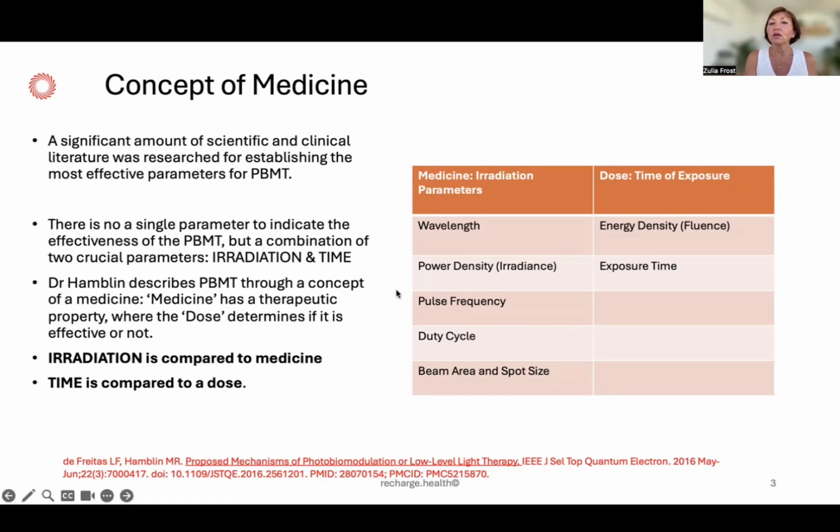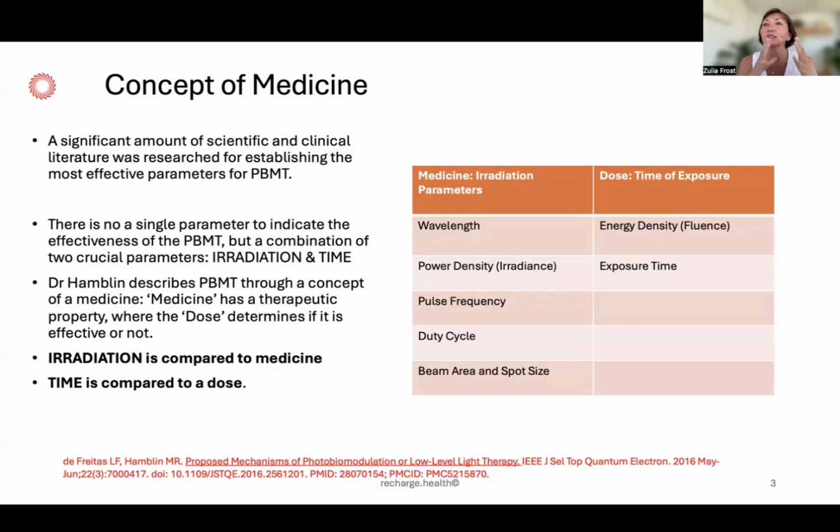So if we group together the parameters for irradiation, which will be wavelengths, power density, which is irradiance, pulse frequency, duty cycle, beam area, beam spot, etc. All this little nitty gritty.